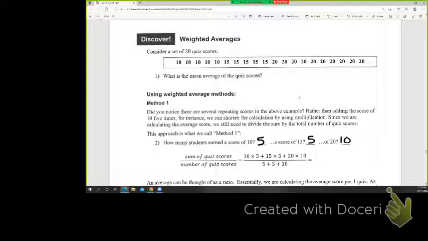So instead of adding them individually, we could do this. And then we're still dividing because there are 20 scores. So we end up with 50 plus 75 plus 200, all divided by 20. So I've got 325 divided by 20. Like 16 and a quarter, 16.25 maybe.